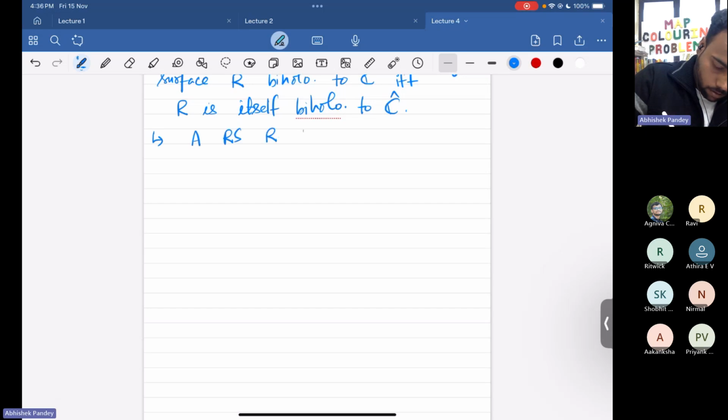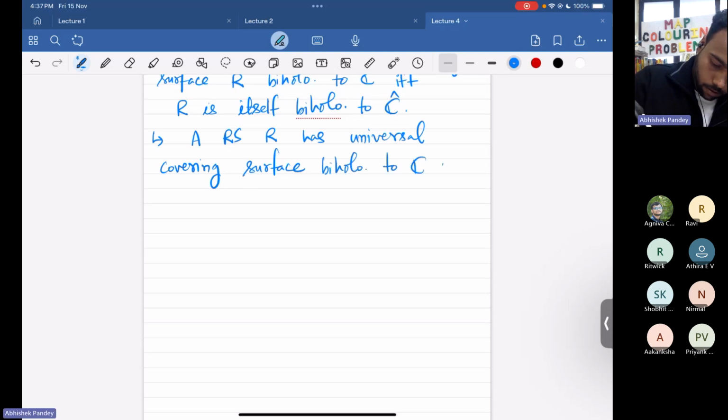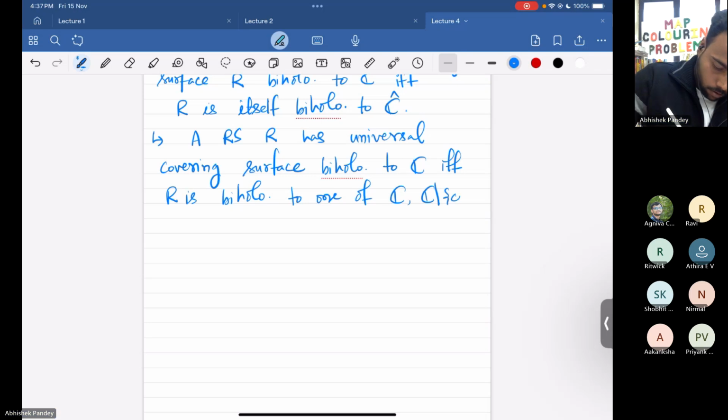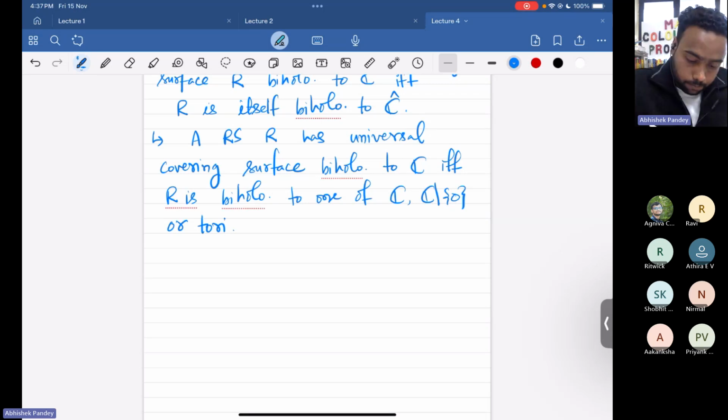The thing is, a Riemann surface R has universal covering surface biholomorphic to C if and only if R is biholomorphic to one of the following: complex plane, punctured complex plane, or torus.